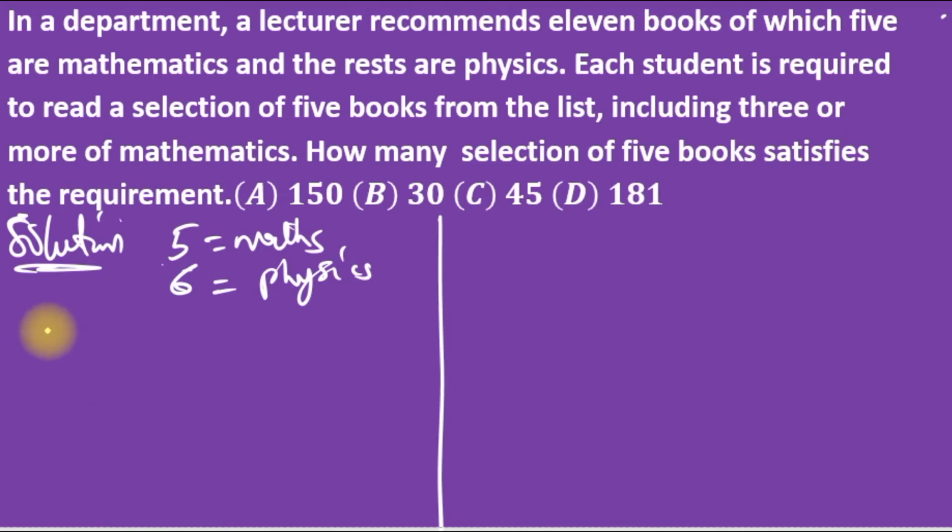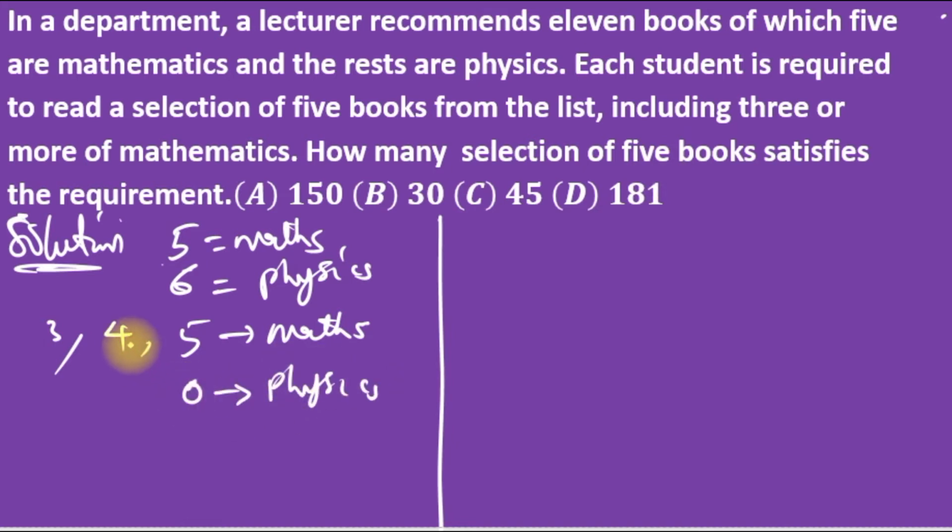Remember they said it's including 3, so the person has the choice to read either 3 or more maths books. So the person reads either 3 maths books, or 4, or 5 maths. If you read 5 maths books, remember they told us to select 5 books, meaning there is no physics. If you read 4 maths books, we select only 1 physics.